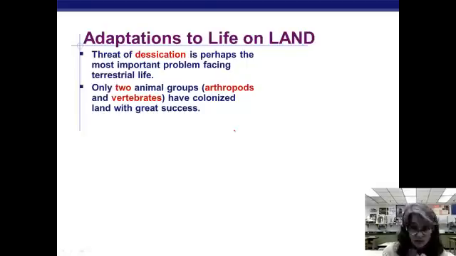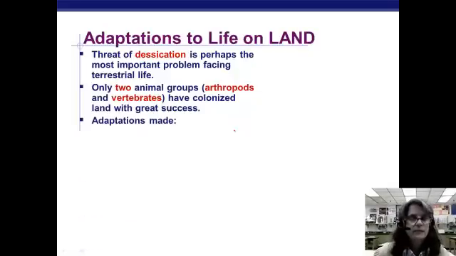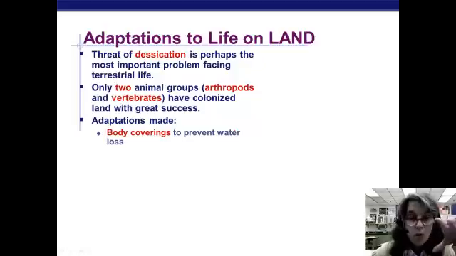Okay? Only two groups have done it successfully: the arthropods, all the insects and all that, and we vertebrates. Okay, what have animals that successfully made it to land done to do that?